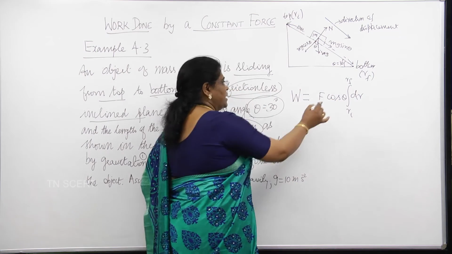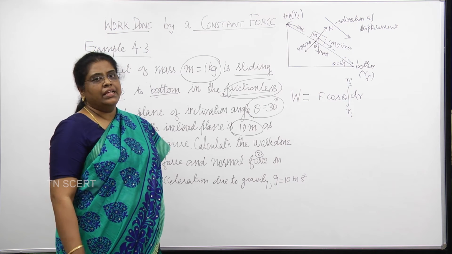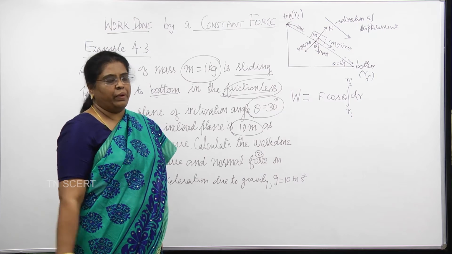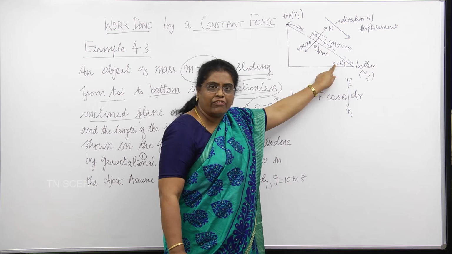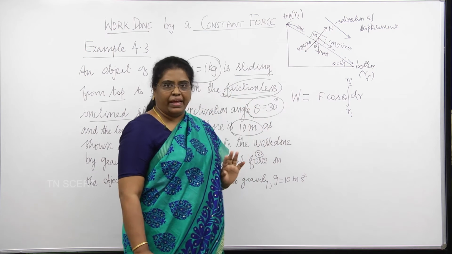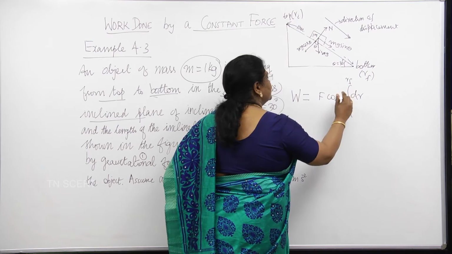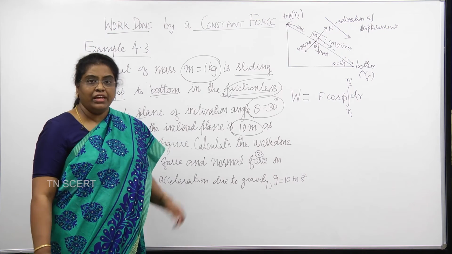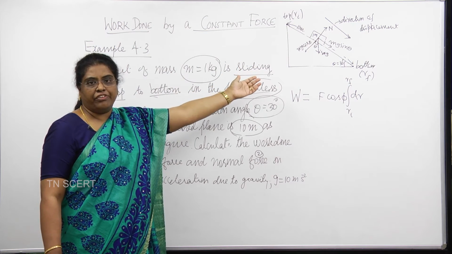In this definition, theta is supposed to be the angle between the direction of the force and the direction of displacement. Since theta is already used for the angle of inclination of the plane, I want to rewrite this theta using phi, because I do not want you to get confused between theta and phi, as the problem already uses the notation theta for the angle of inclination.